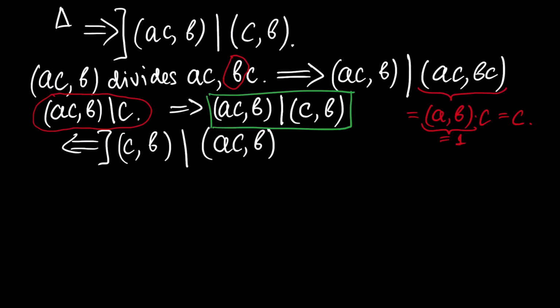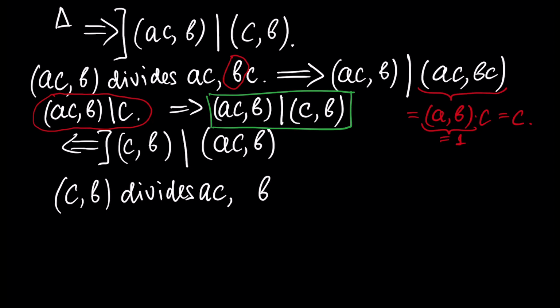We have to prove that GCD of C and B divides GCD of AC and B. Obviously, GCD of C and B, by definition, since this is the greatest common divisor of C and B, has to divide C and B. And since it divides two numbers, C and B, it has to divide these two numbers, AC and B. And since it divides these two numbers, AC and B, it has to divide the GCD of these two numbers.